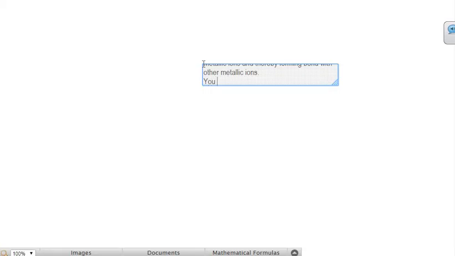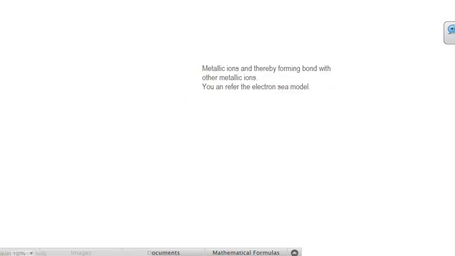You can actually refer to the electron sea model, and that completes our thing today.